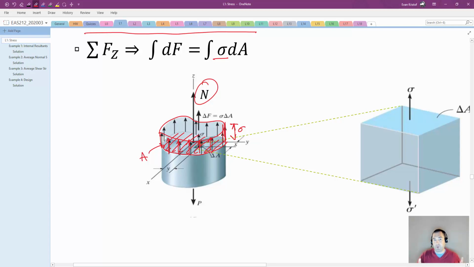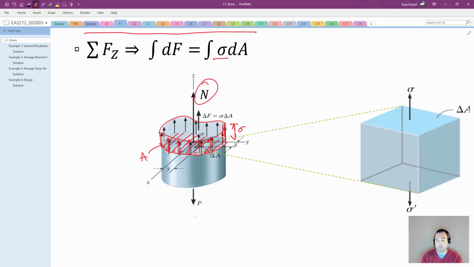That's the same thing as the force, because the height is in force per unit area and you're multiplying it by the cross-sectional area. That gives you units of force as a result.